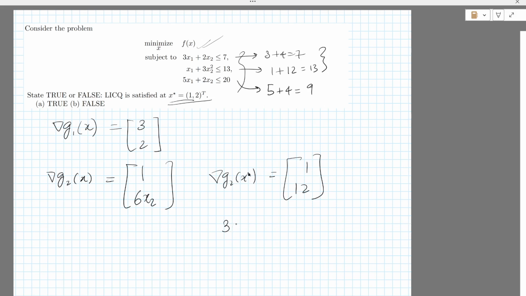So 3 lambda 1 plus lambda 2 equal to 0. 2 lambda 1 plus 12 lambda 2 equal to 0. This is only true if lambda 1 equal to lambda 2 equal to 0.